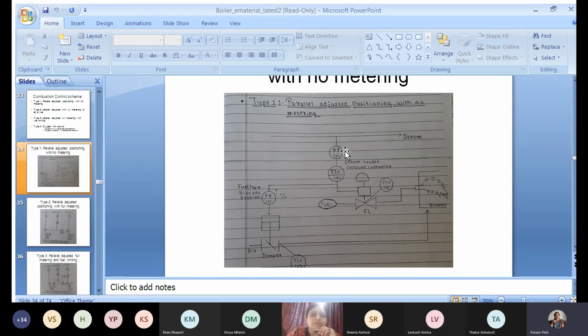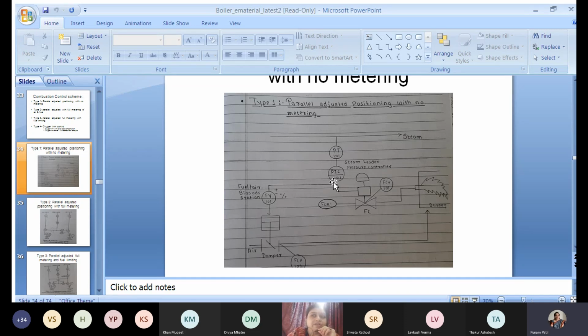So here you will see PT101. PT is a pressure transmitter which will monitor the steam flow and indicate it to the pressure controller. This is PIC, pressure indicator controller. So the signal which measures the steam line flow is given to the controller.